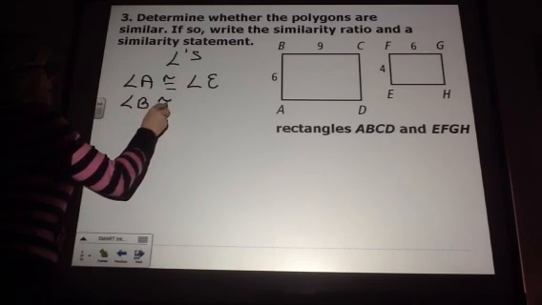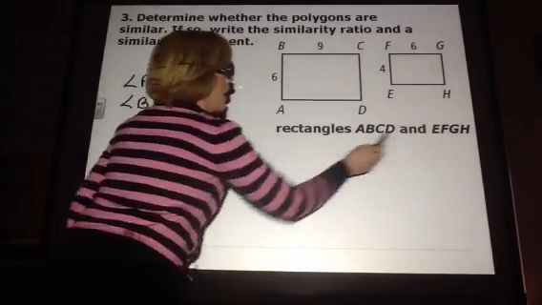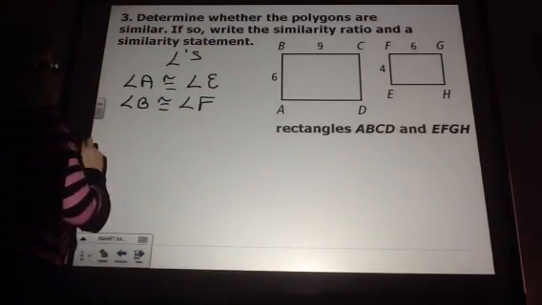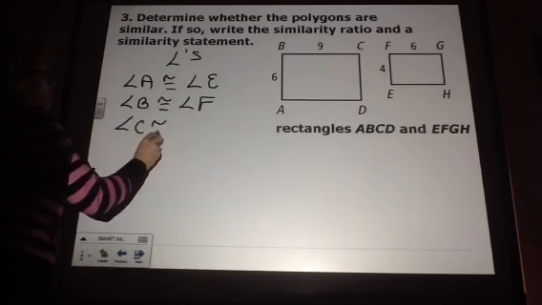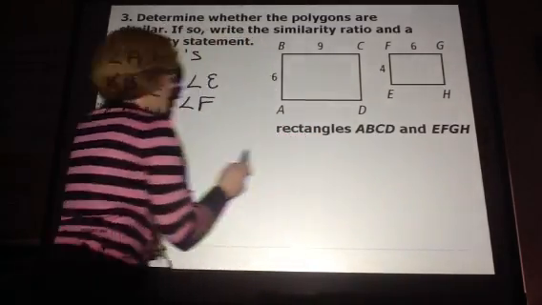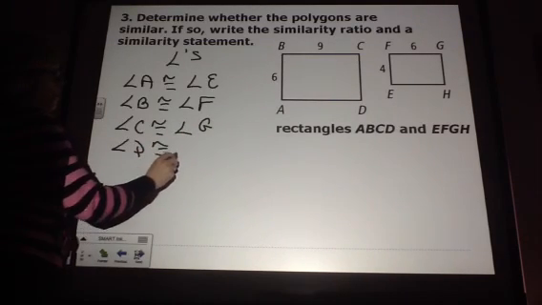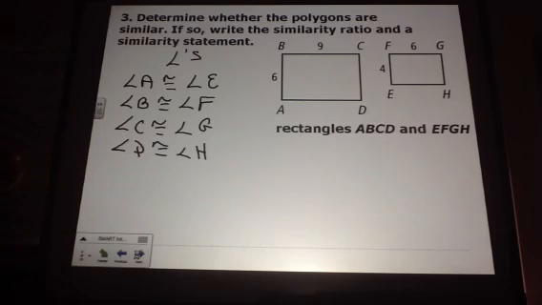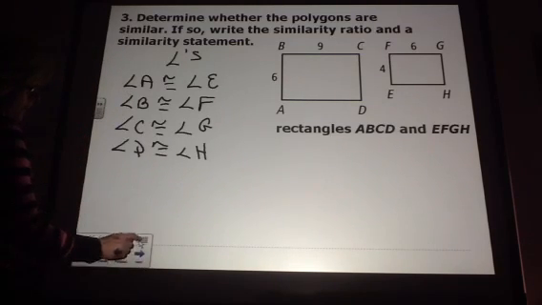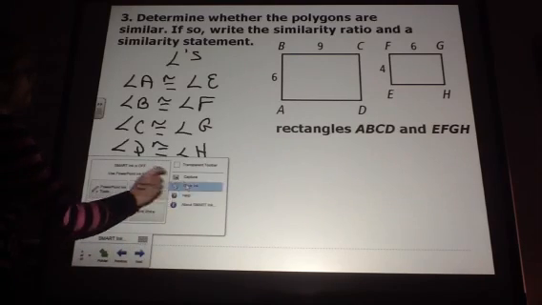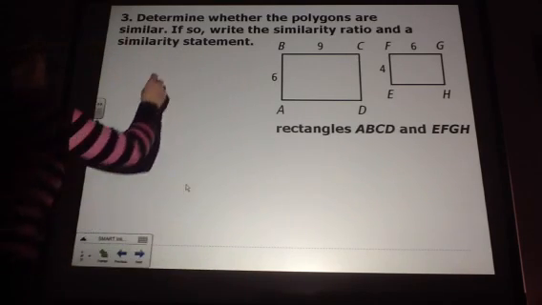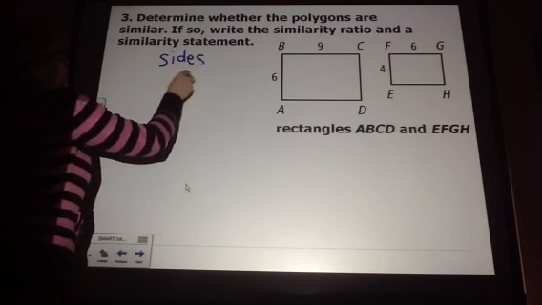I know that angle B corresponds to F, angle C corresponds to G, and the last angle, angle D, corresponds with angle H. Okay, once I've got my angles listed, I need to start looking at my corresponding sides.